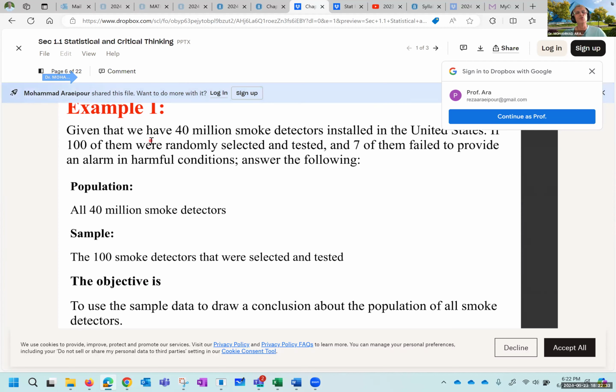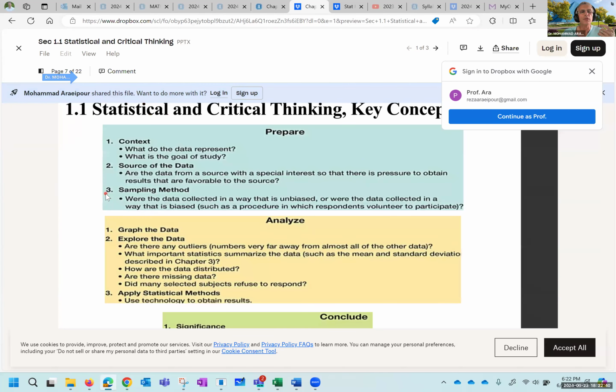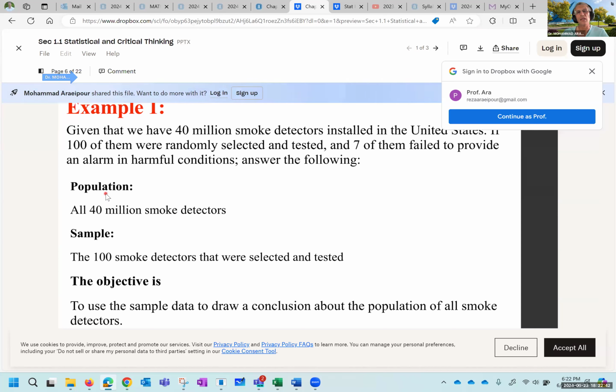For example, if you download this and you put it in slide mode, you just see the example, not the solution. Then when you click down, it gives you the next line of the solution and the next one and the next one. In other words, if you want to take your time to think about the solution on your own, it gives you a chance, but you have to download it and put it in slide mode. Remember, we have the PowerPoints and we have the lectures on the PowerPoints under my YouTube channel, under the modules.